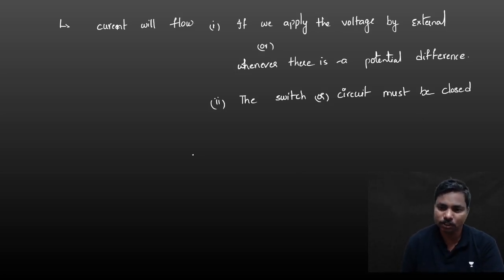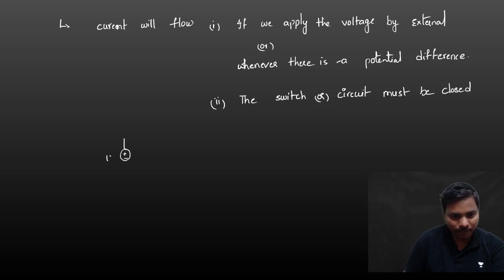Otherwise, the current is zero. Let us take that one. For example, here we have applied some 10 volts. Here we have the switch. This is the switch symbol. Symbol also very important. Here we have the bulb.